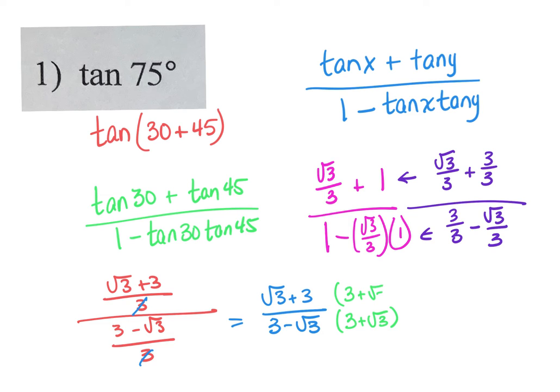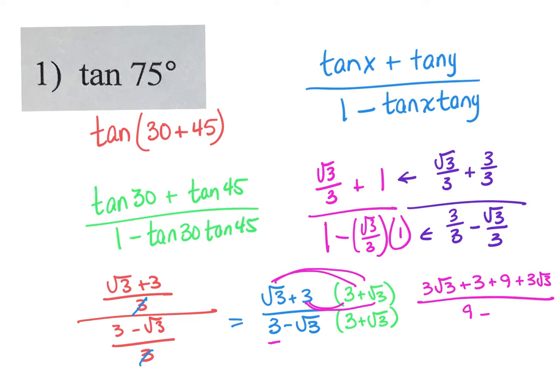On the top, we're going to FOIL. Square root of 3 times 3 is just 3 square root of 3. Square root of 3 times square root of 3 is just 3. 3 times 3, then 3 times the square root of 3. On the bottom, it's the square of the first, that's 9, minus the square of the second, which is 3.